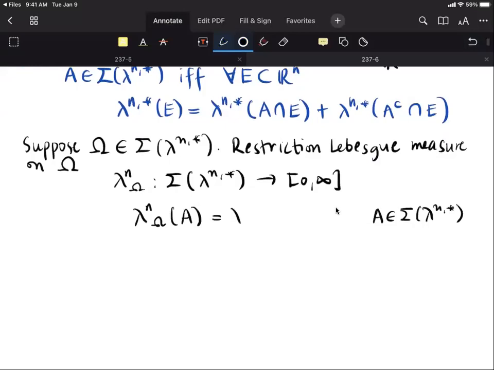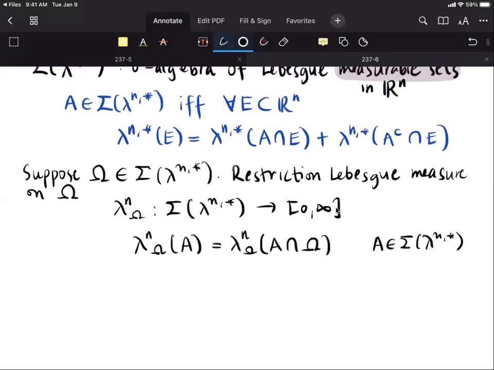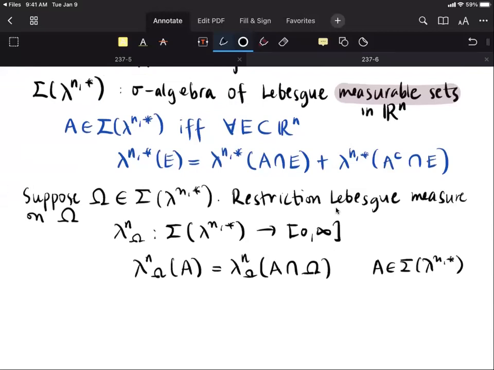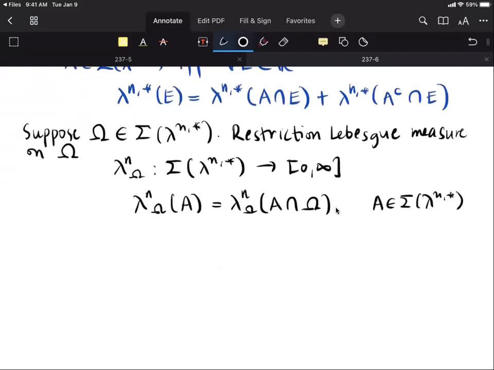We simply take the Lebesgue measure of the intersection of A and omega, because the Lebesgue measurable sets form a sigma algebra. Then it's clear that here you have an element of this collection.